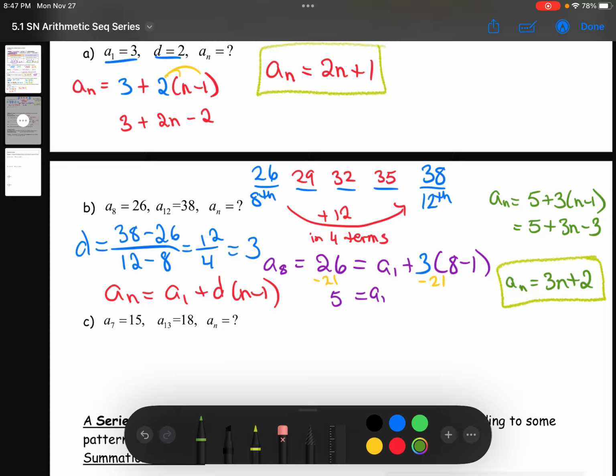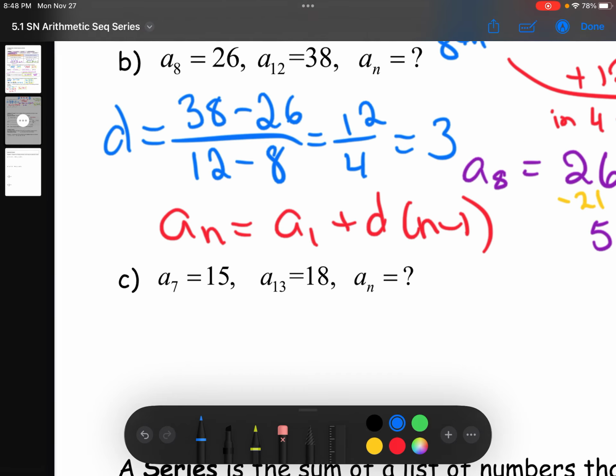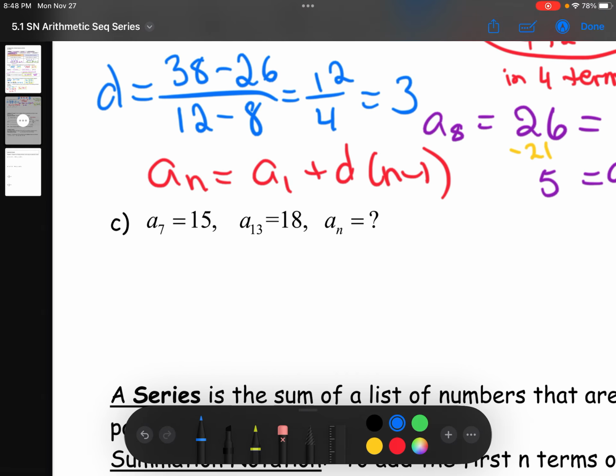Okay? Now, I'm going to show you another way to do this without counting and without doing the slope. I'm going to show you that on example C. A sub 7 and a sub 13. Okay? There's a difference there of 6 terms.